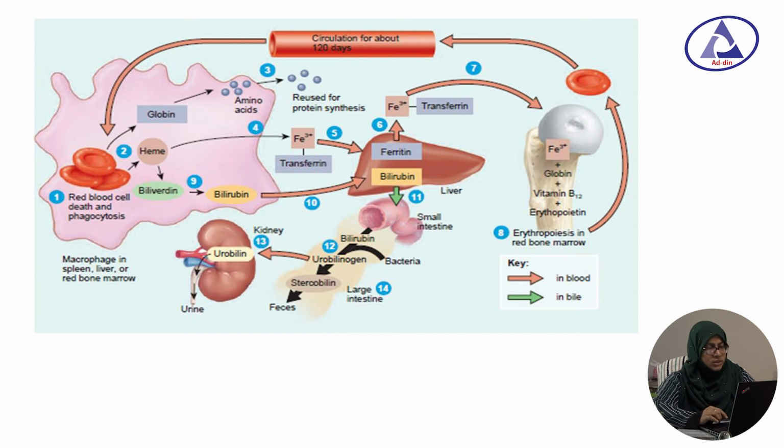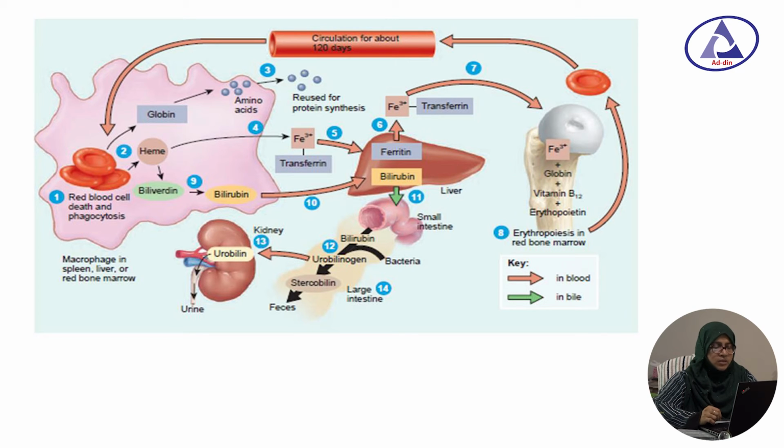The globin forms amino acids, and then these amino acids go to the circulation and are reused for protein synthesis, and the heme portion is converted to biliverdin and bilirubin, and the iron portion enters the circulation, goes to the liver and then to the bone marrow and can be reused. You can see in the figure it is shown as numbers 2, 4, 5, 6, 7, and you can see the heme portion is converted to biliverdin, then bilirubin.